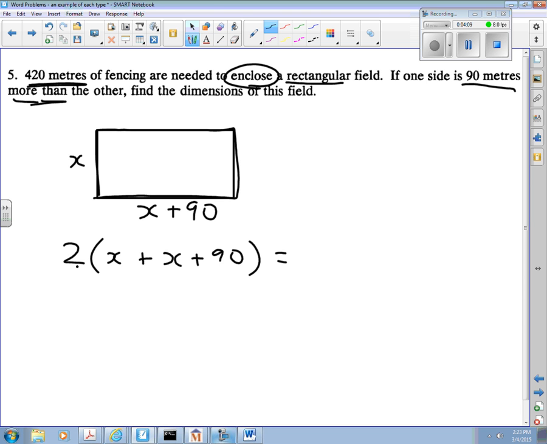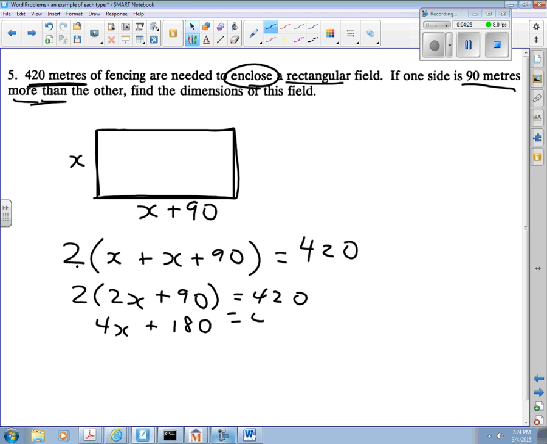I know that that is equal to 420. So from there, those two are like terms. And I'm going to now do distributive property. I could divide both sides by 2. I'll do distributive property this time. Then I'm going to minus 180 from both sides.